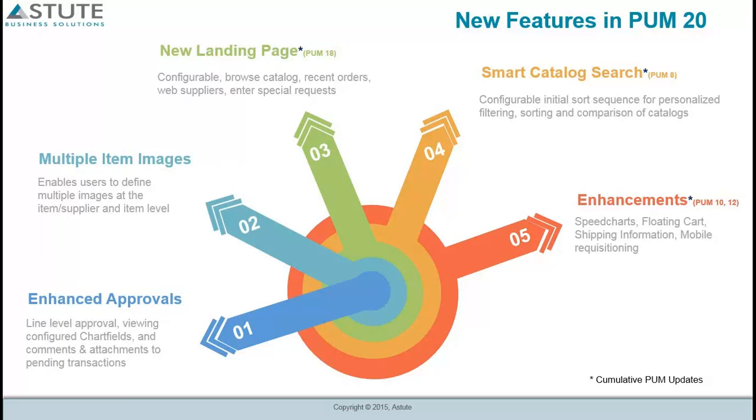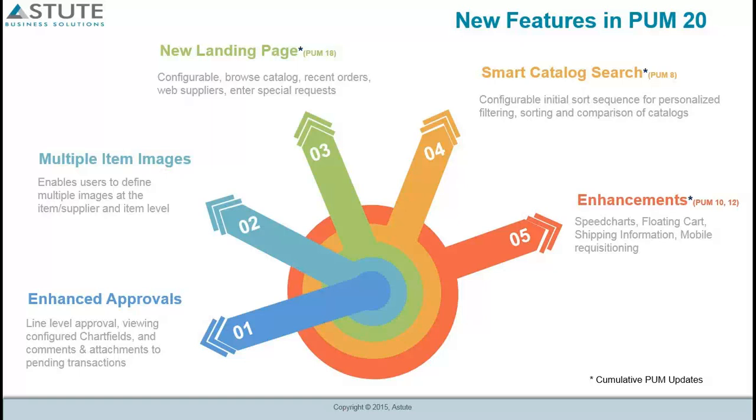One is the enhanced approvals, where we are given line level approvals, and users are allowed to look at the chart field configuration and add comments or attachments to pending transactions. By pending transaction here, we mean the requisitions which are pending approval.